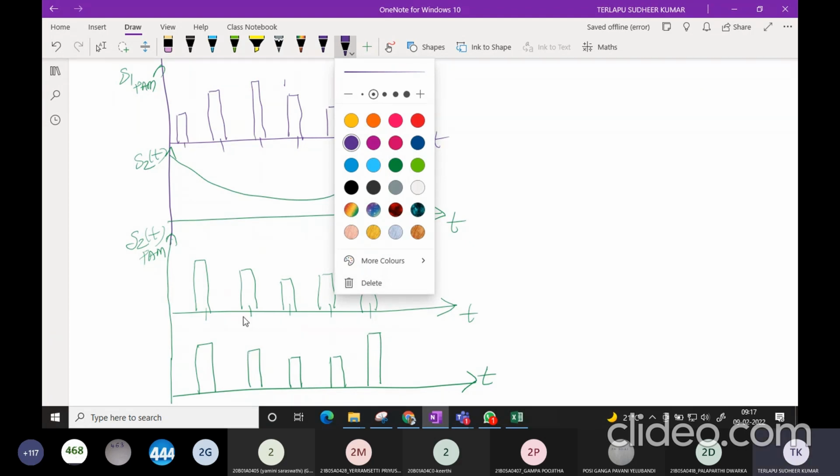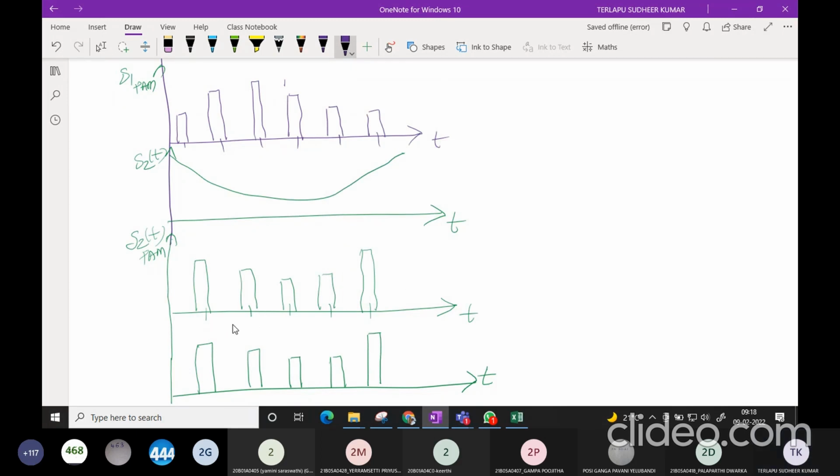So when the switch position is at position 1, then I got the signal like this. And then it is switched to position 2. Now the sample of the second signal has been taken and dropped over the channel. This is my S1 again. When the switch is moved to position 1, again the switch is moved to position 2. You are following? Did you get my point?